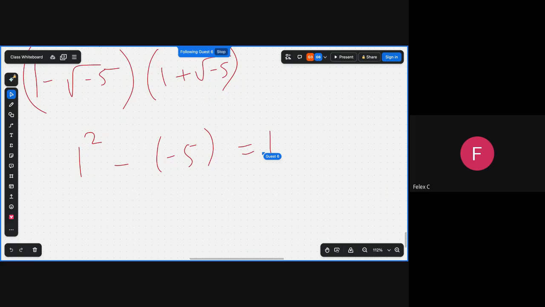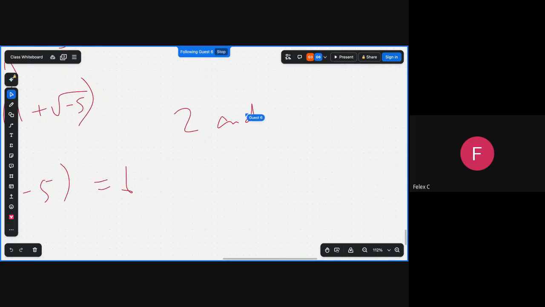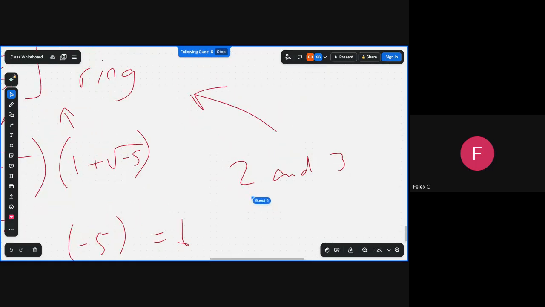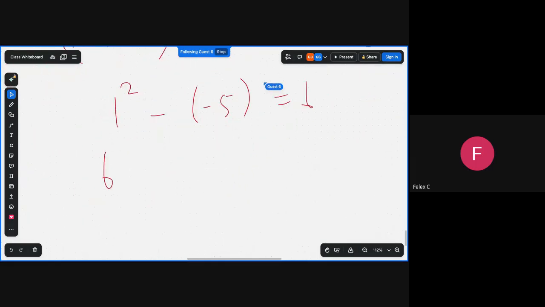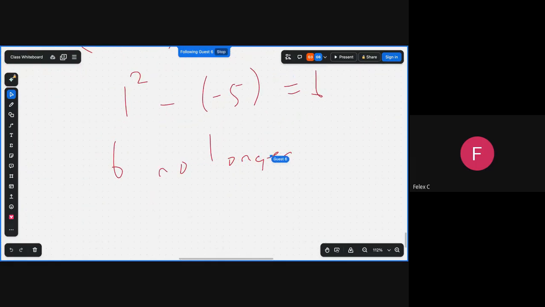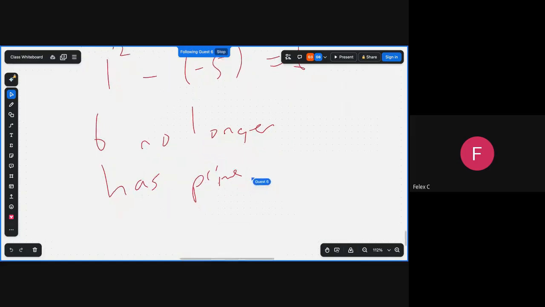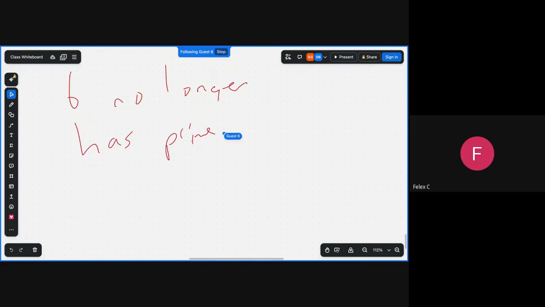Okay. Now, obviously, 2 and 3 are also inside of this ring. So we say that 6 no longer has unique prime factorization.